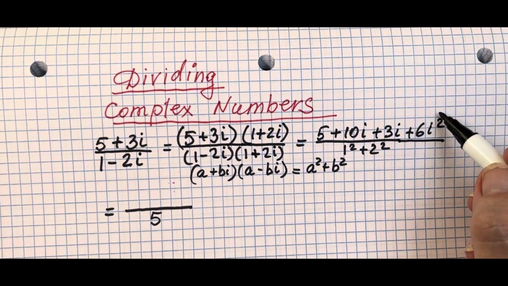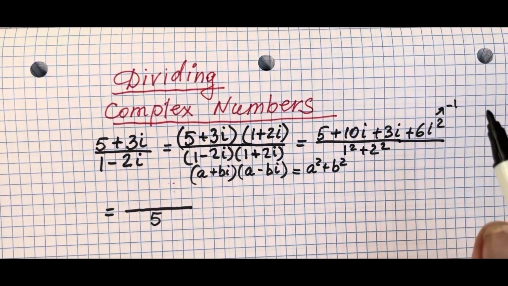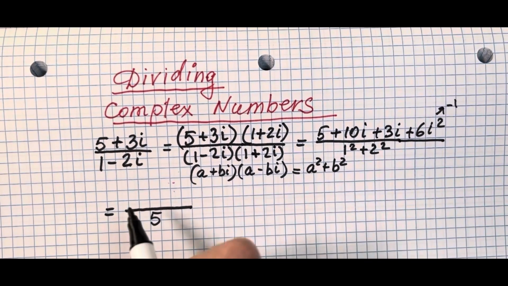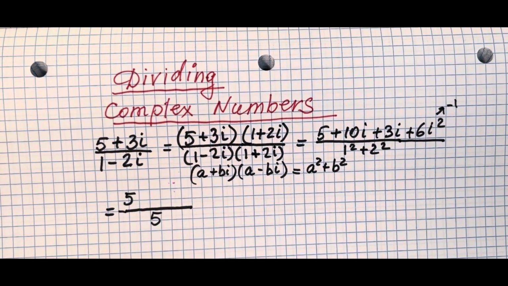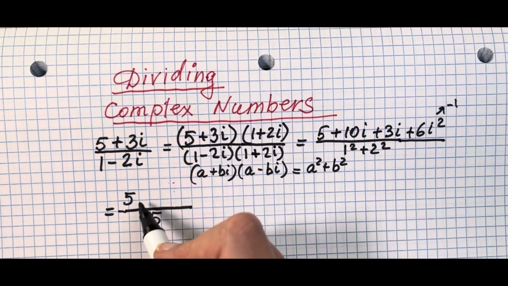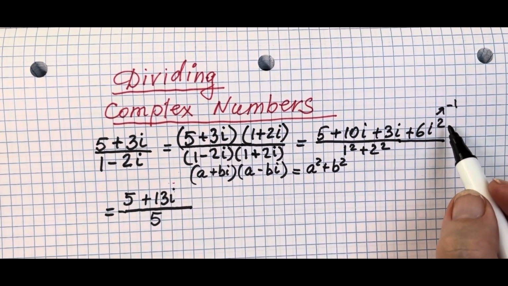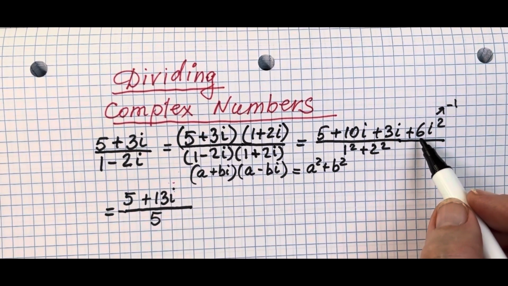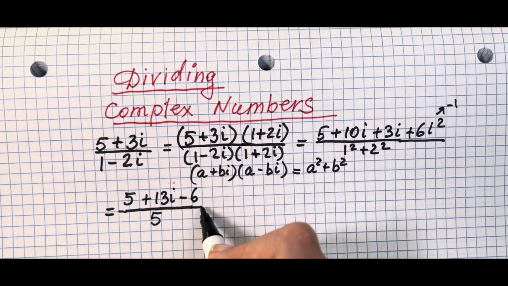So again, remember that i squared gives us negative 1. So first of all, 5 at this time, I will rewrite one more time. Combining those imaginary parts gives us plus 13i. And as we discussed, that 6 times negative 1 gives us negative 6.